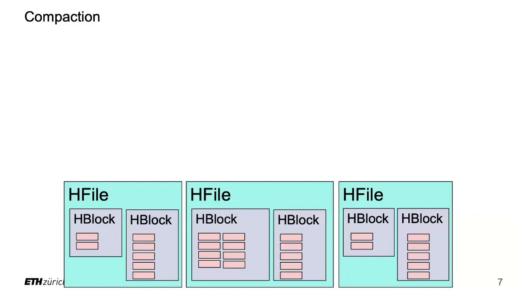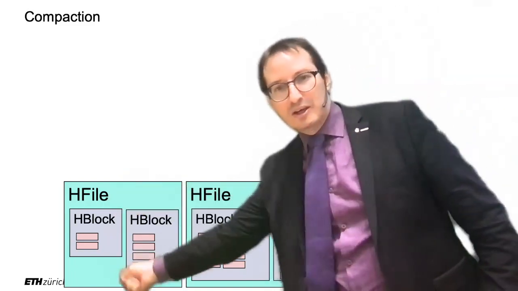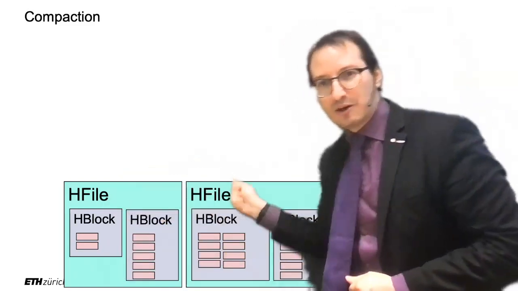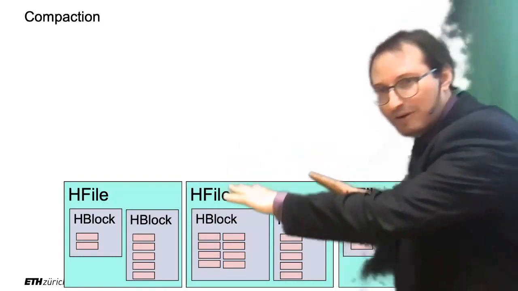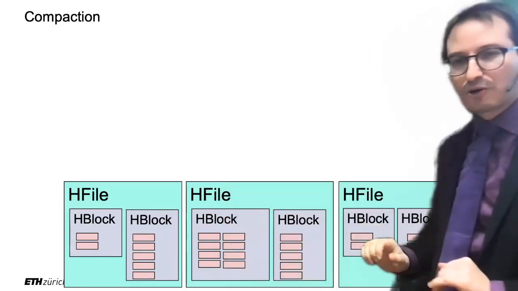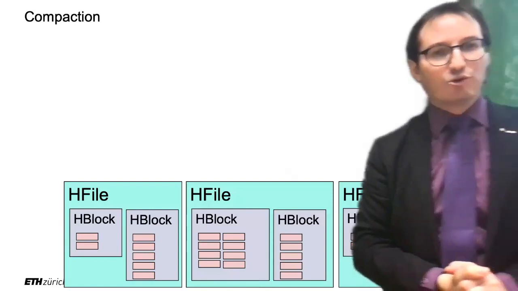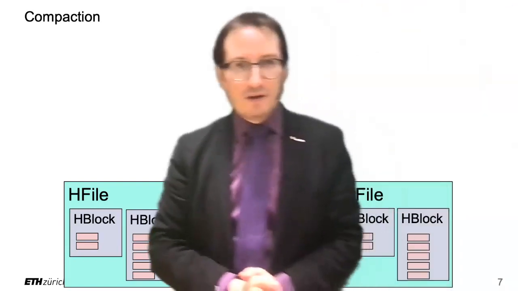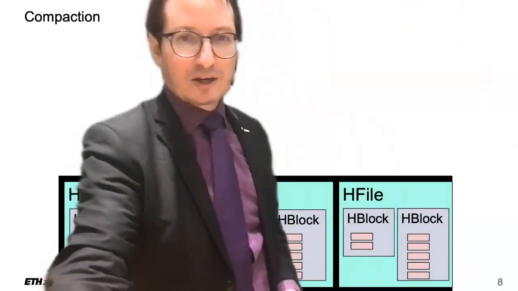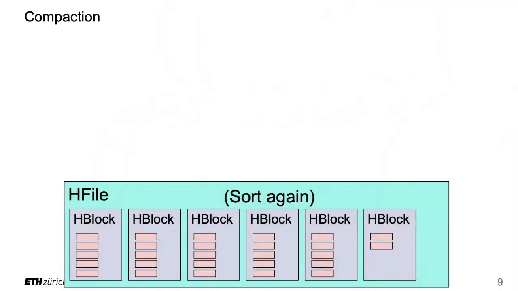But anyway, we basically traverse each one of these HFiles. So I have a pointer here, a pointer here, a pointer here, and I traverse advancing the pointers concurrently, and I keep writing the output in ascending order of keys. This is called compaction. So I take them, and what I get is all of these key values, but now it's a single bigger HFile on HDFS.